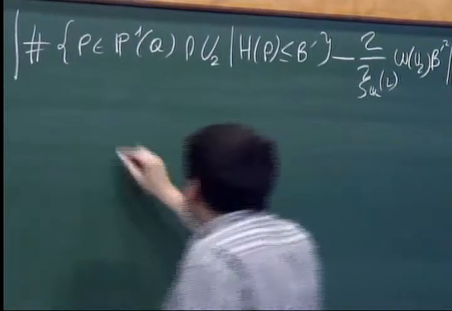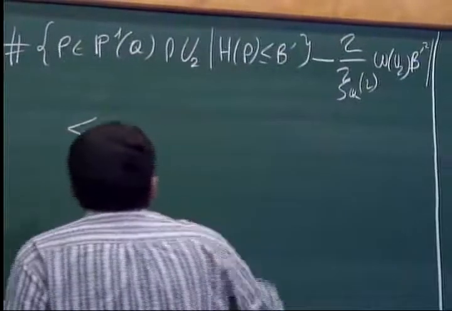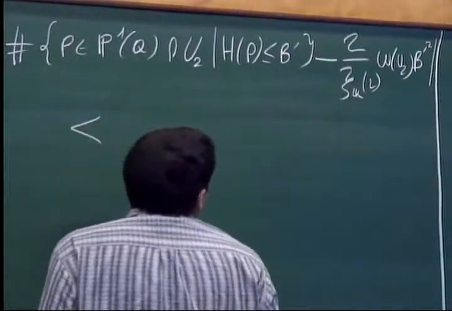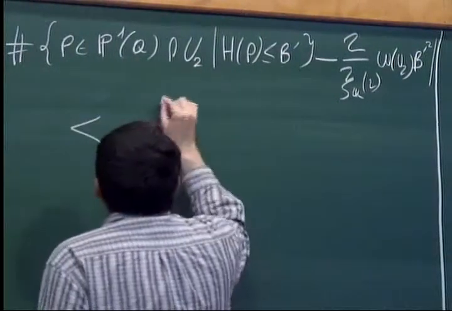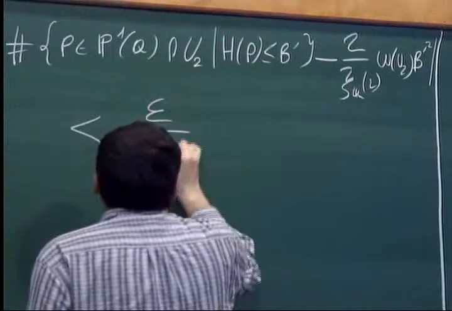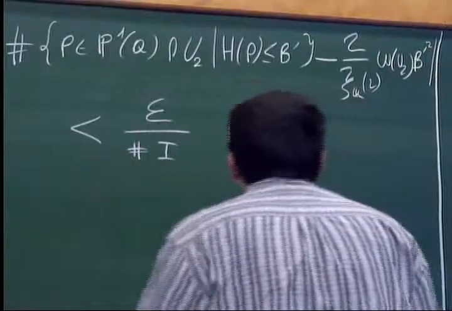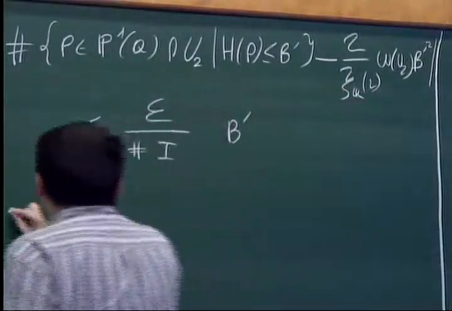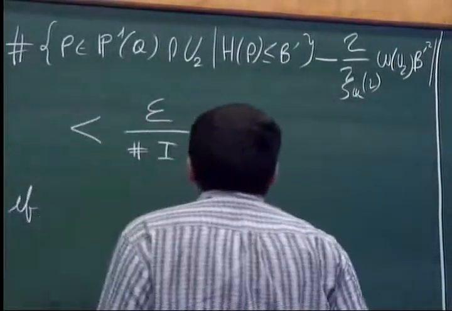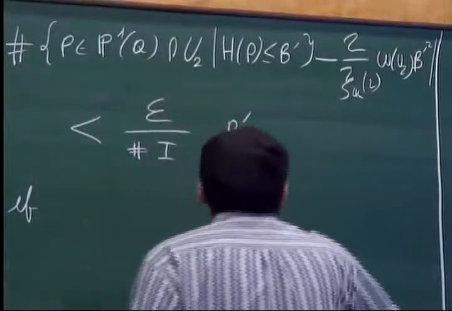This is less than, so what do I need? This is less than epsilon over the cardinal of I times b prime square, sorry.